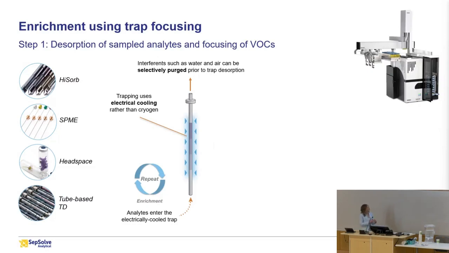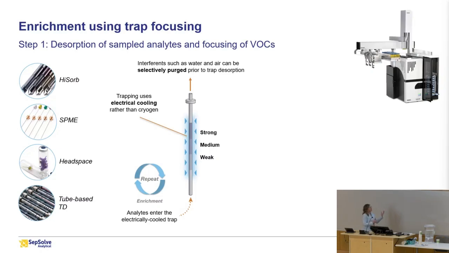All of these samples, in whatever way, get desorbed onto a trap that is electronically cooled, so we are not using cryogen. All those analytes enter the cool trap. The nice thing about this is that we can actually repeat injections onto the trap. While the trap is being cooled, we can do, let's say, 3 SPME injections onto the trap.